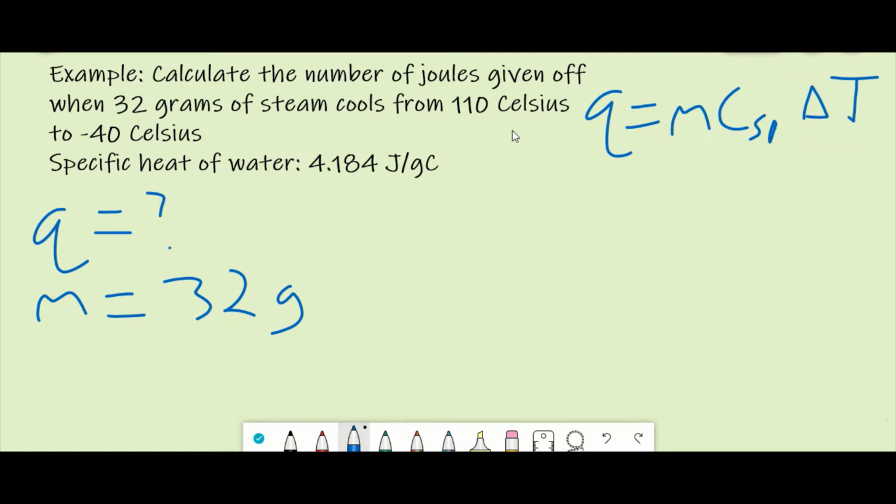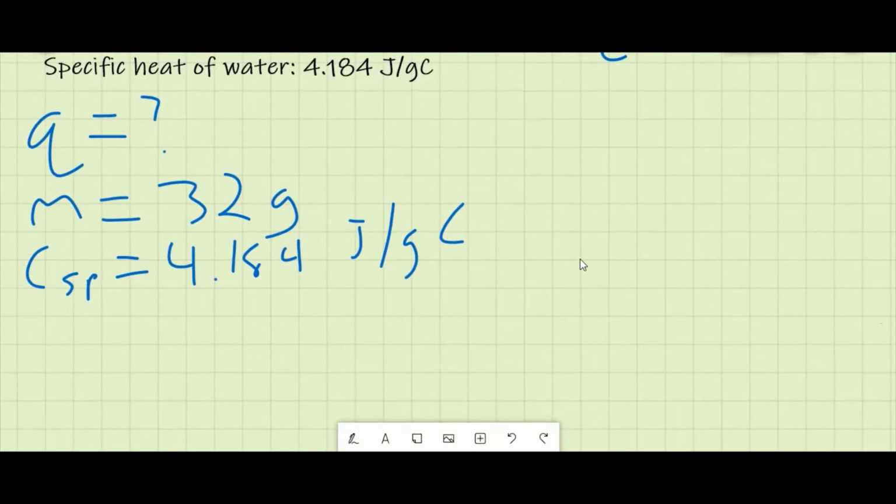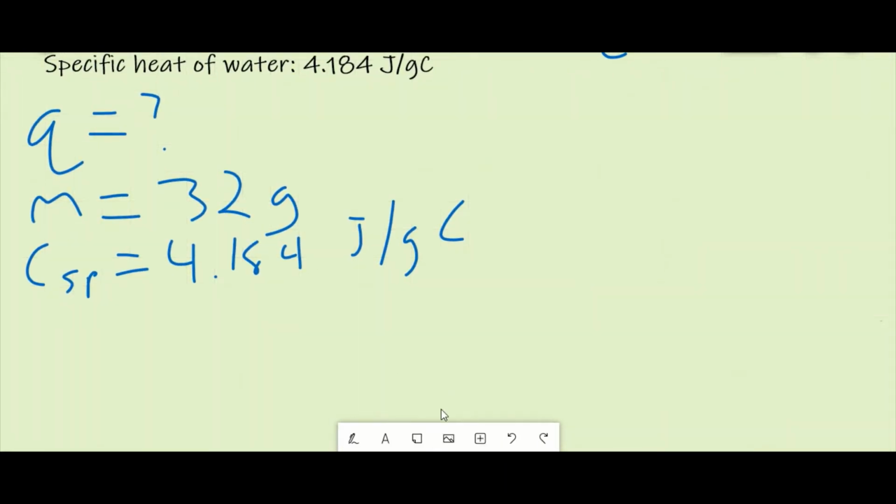And then we have the C SP. We know the specific heat of water is always going to be 4.184 joules per gram Celsius. And the change in temperature: delta T, you go from 110 to negative 40.